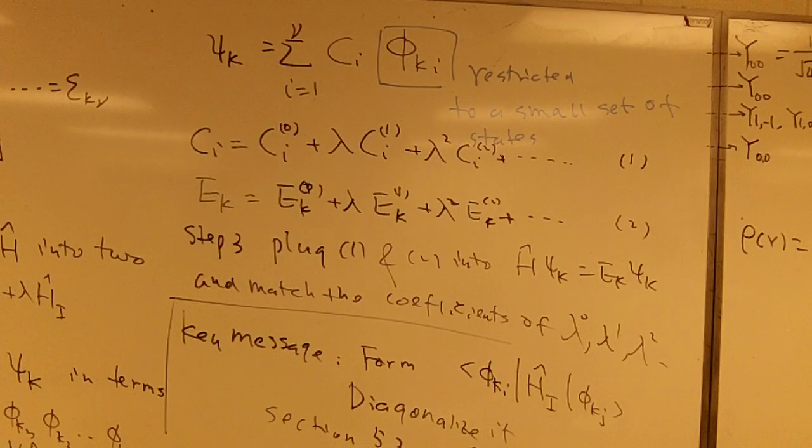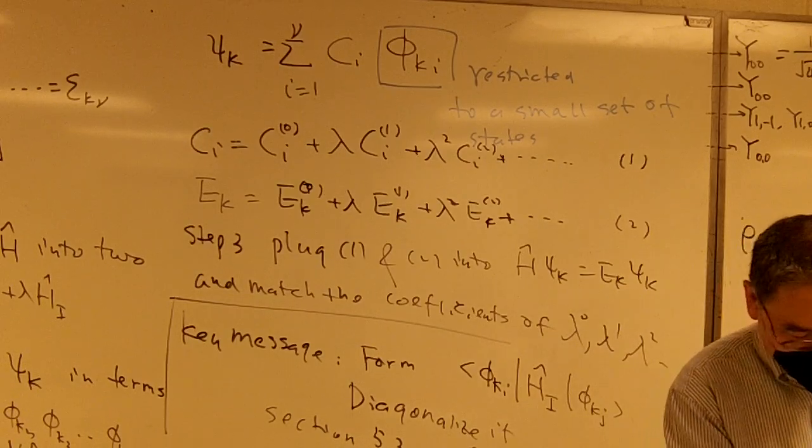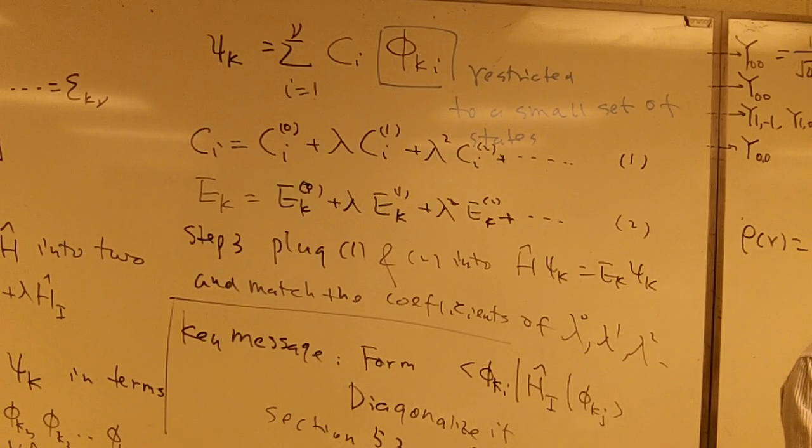Degenerate perturbation theory expands psi sub k in terms of a group of degenerate eigenstates phi sub i, to the second order, as psi sub k equals the summation over i of c sub i phi sub i, where c sub i equals c sub i to the 0th order plus lambda c sub i to the 1st order plus lambda squared c sub i to the 2nd order plus so on.